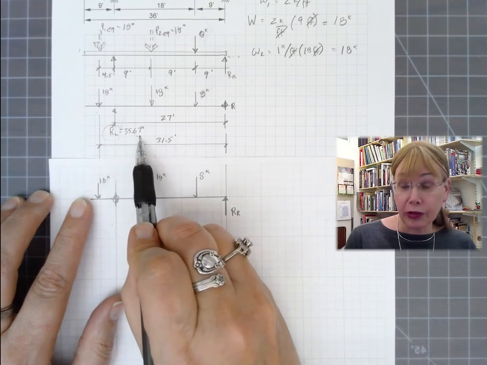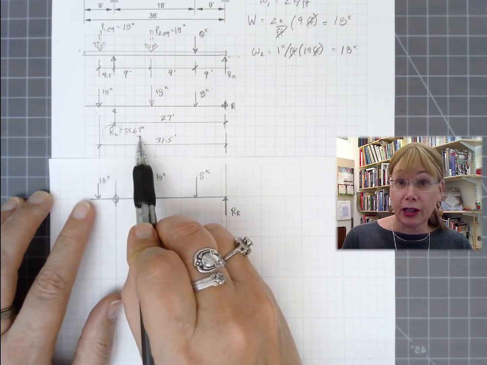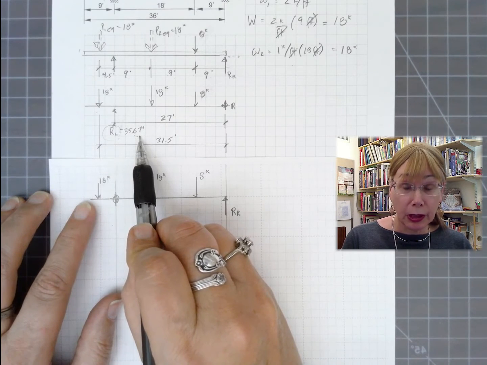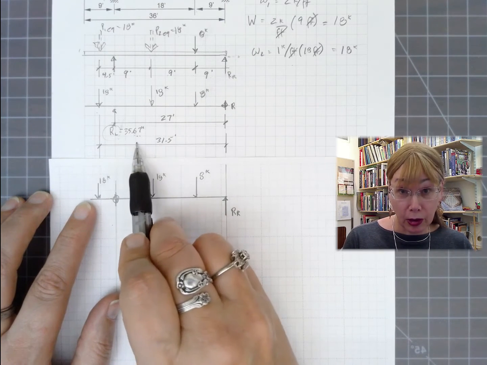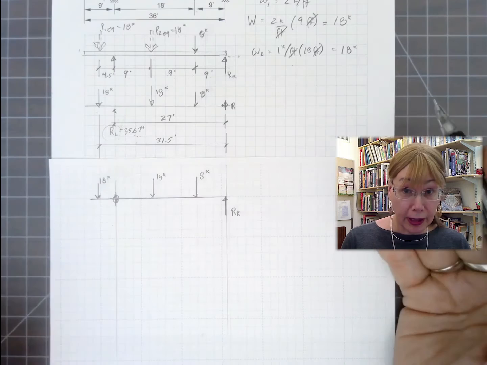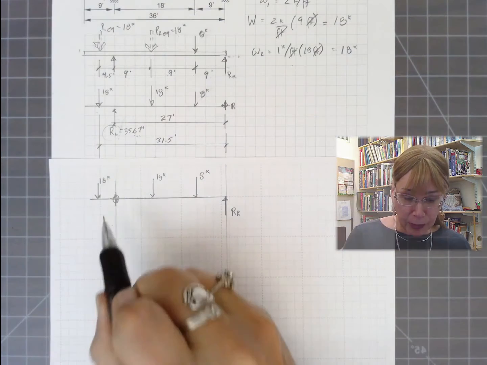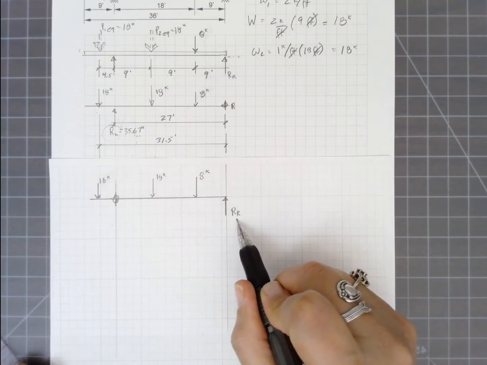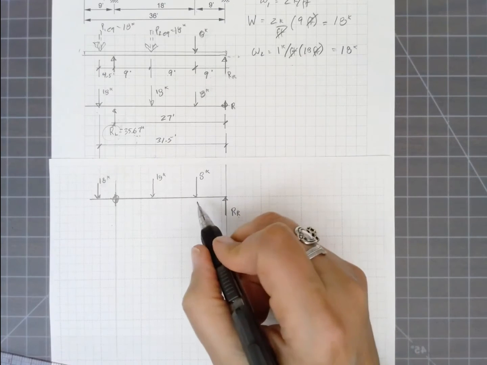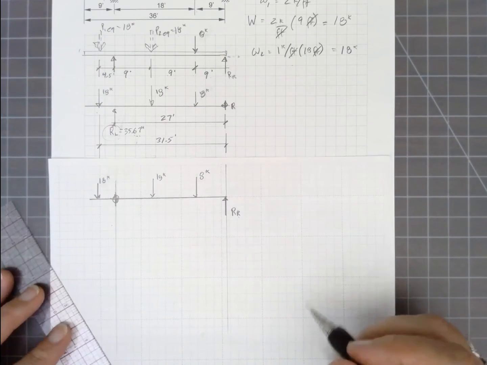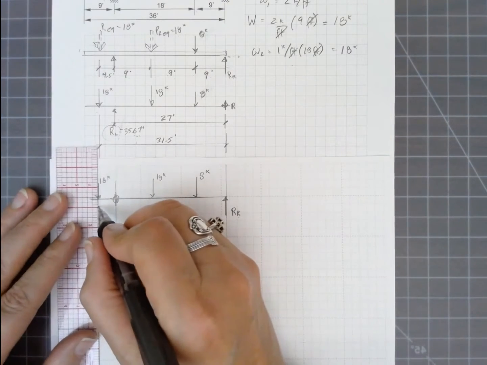Now if I include this, it's no better than if I do a vertical equilibrium equation, because if this is wrong, then my other answer is going to be wrong. If I sum moments here, I have one unknown, therefore I solve for that, then my check will be vertical equilibrium. So let's get our distances again.